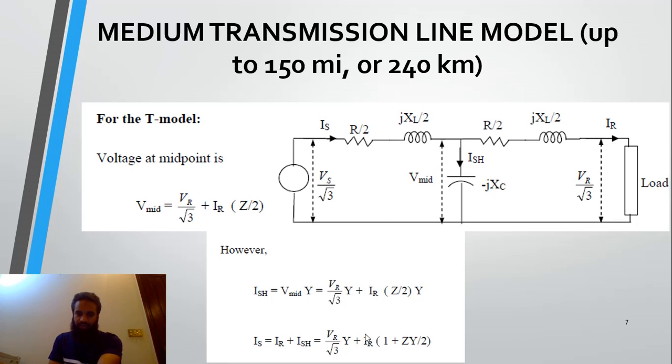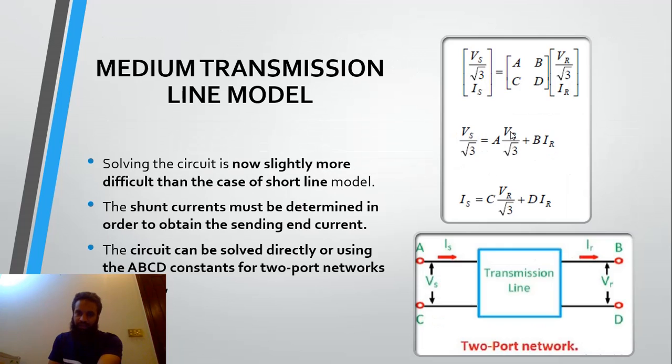Now if we put these two equations in this equation, then sending end voltage, receiving end voltage into ABCD into VRIR. So the coefficient of VR would be A and the coefficient of IR would be B in sending end voltage.